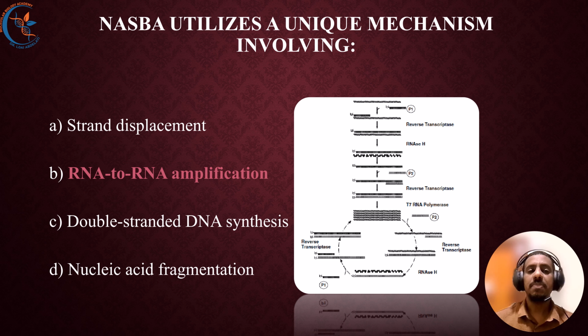Actually, NASBA enables direct RNA to RNA amplification, bypassing the need for DNA intermediates. Unlike traditional methods, NASBA specializes in detecting RNA viruses like HIV by efficiently generating RNA copies under isothermal conditions. All right, let's move on.